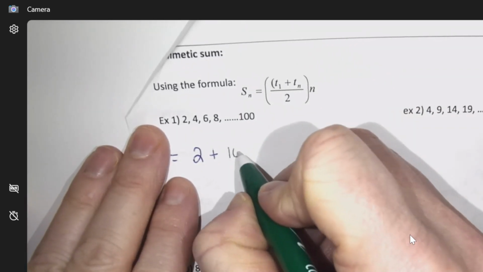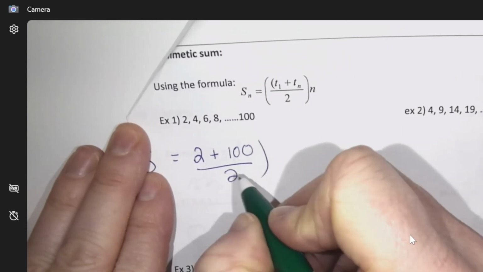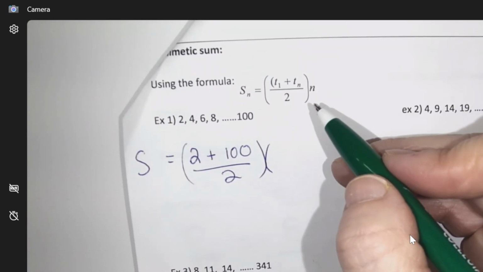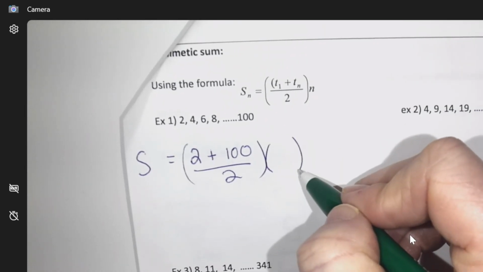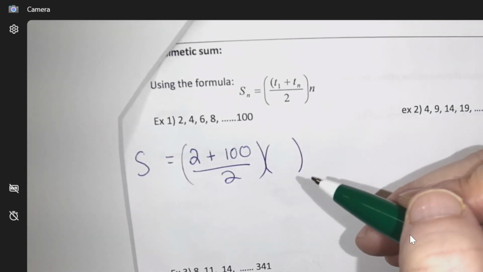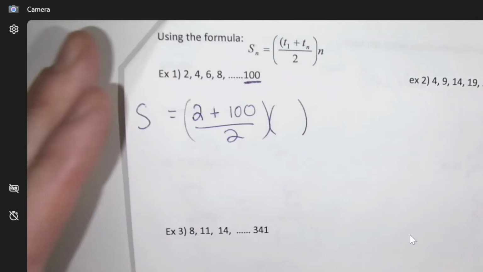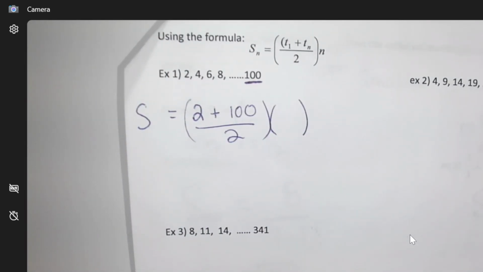So that's 100, divided by 2, times the number of positions I go to. Okay, that's the thing I don't know. I know 100 is where I stopped, but what position is that in? I don't know. So now what do I do?